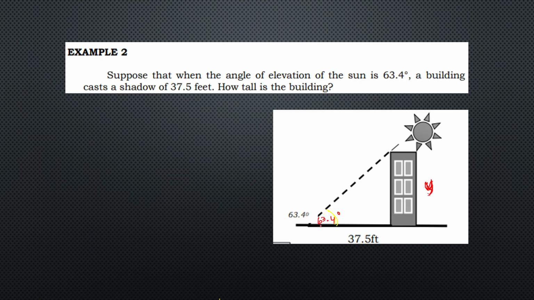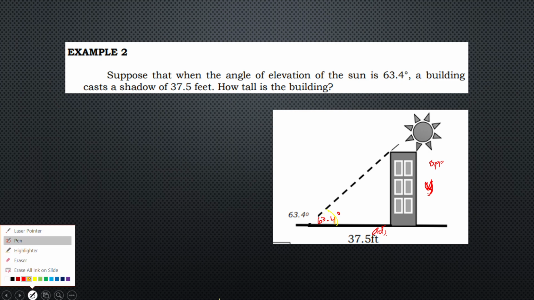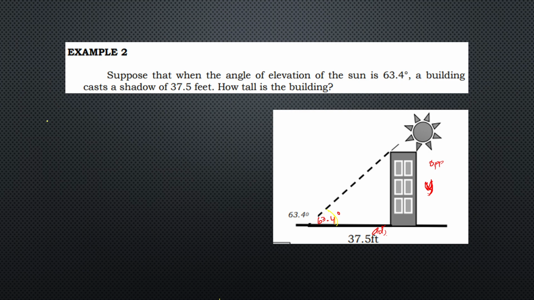You have here the reference angle, and check the relationship of these sides to the angle. This one is the opposite, and this one is the adjacent. As part of the reminders a while ago, if the legs are given, you use tangent. So we let y be the height of the building.